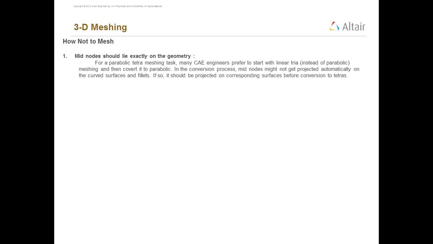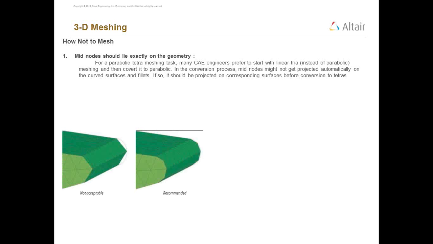In the conversion process, mid nodes might not get projected automatically on the curved surface and fillets. If so, they should be projected on the corresponding surfaces before conversion to tetras. So the midpoint should project particularly on the surface, as you can see here.